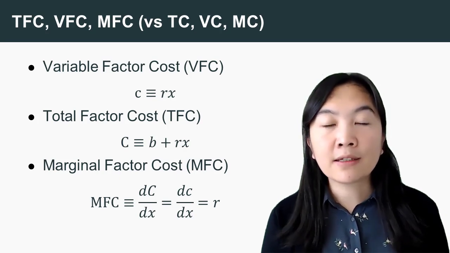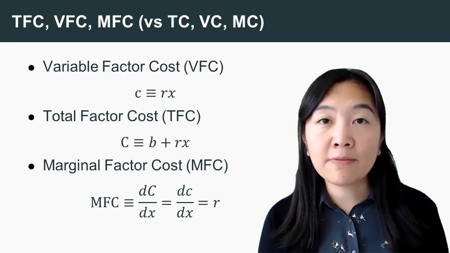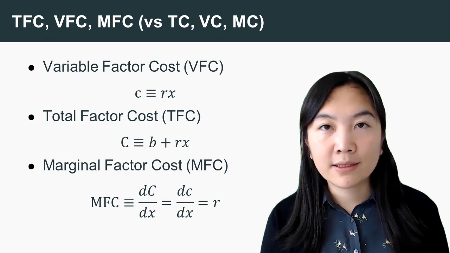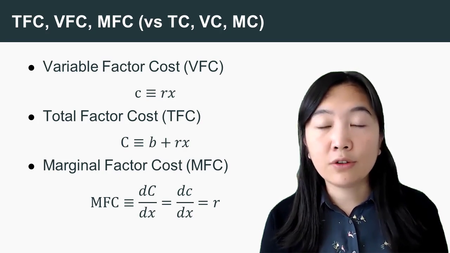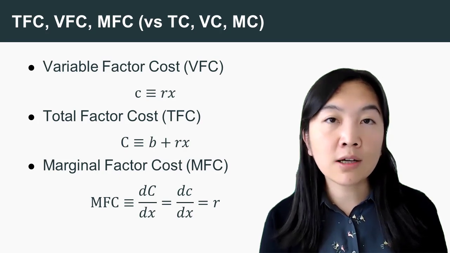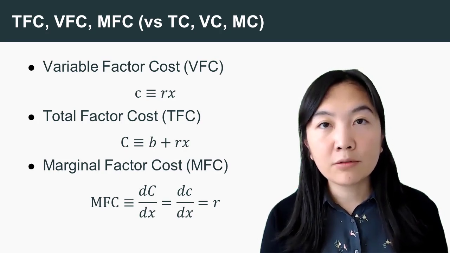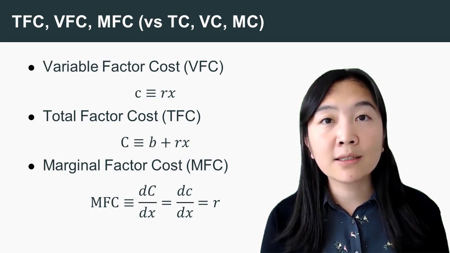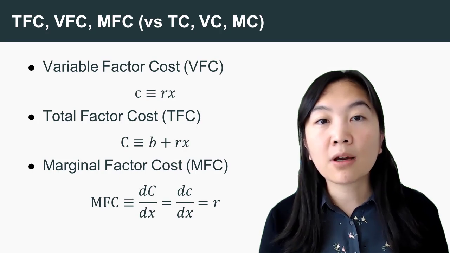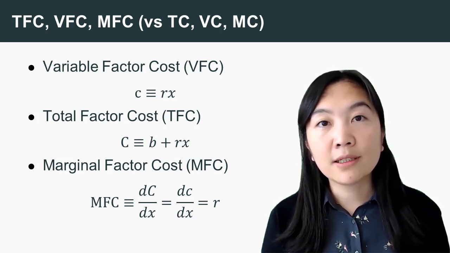The marginal factor cost, which is MFC here, is, again, a marginal concept, and it's the derivative of either your total factor cost or your variable factor cost with respect to X. Here, the two derivatives are the same because B is a constant, which is a fixed cost here.